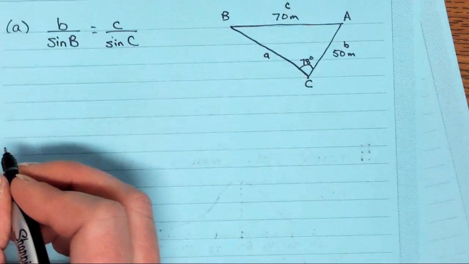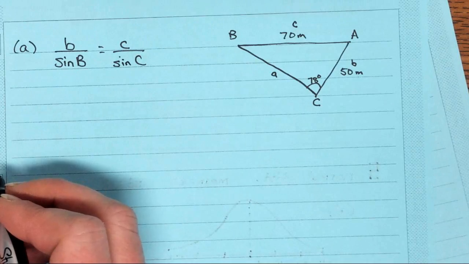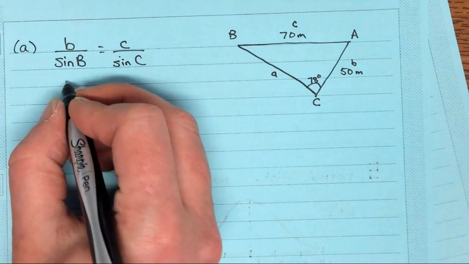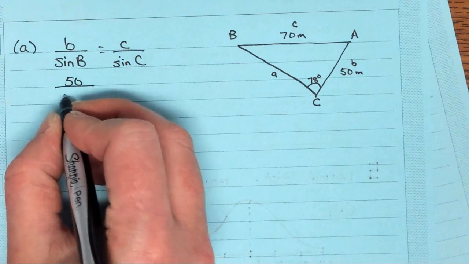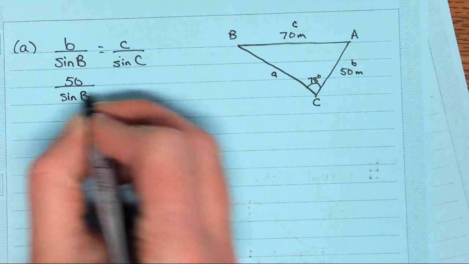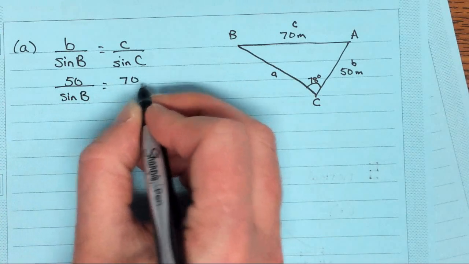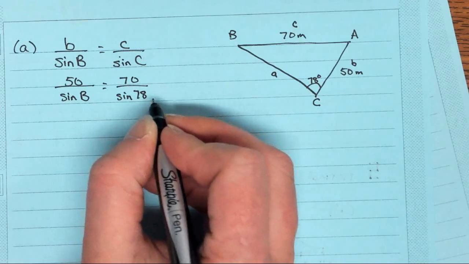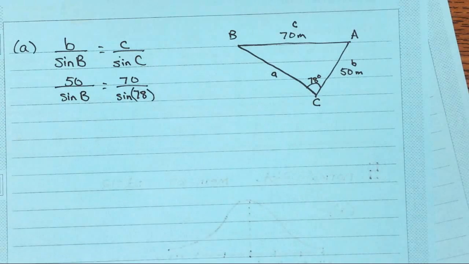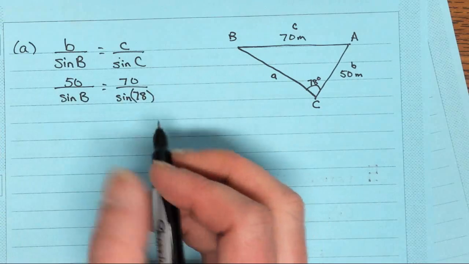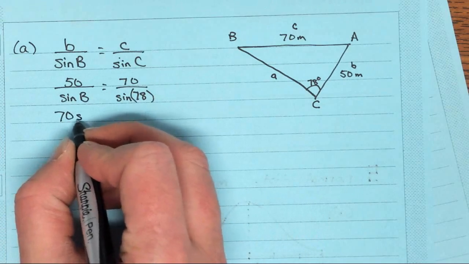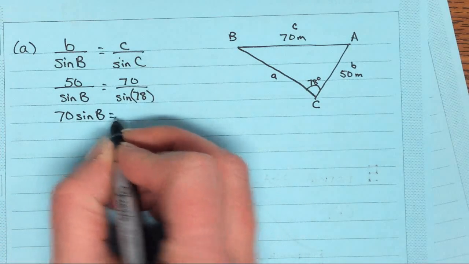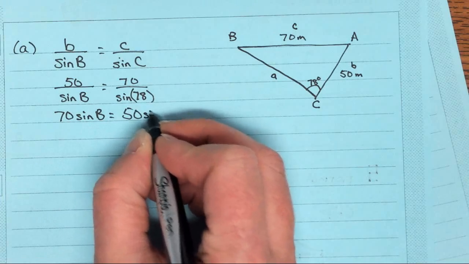Little b is 50. I don't know big B. Little c is 70. And big C is 78. I need to cross multiply. I was writing it the other way, I'm sorry.